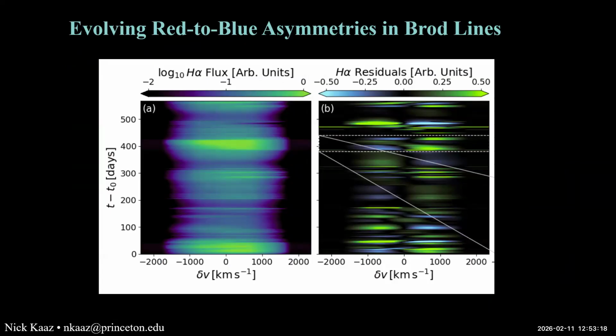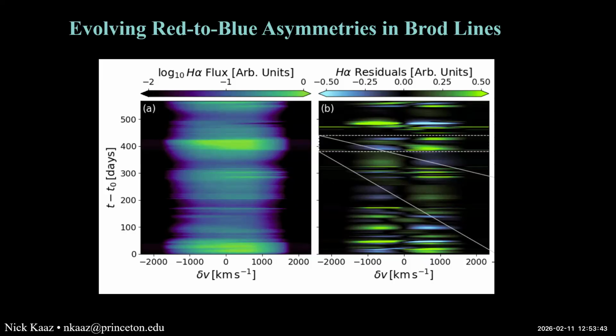So this is kind of a messy plot, but here is the H alpha line flux. I'm looking at it as a function of time here. And this is the frequency offset from the line center in terms of velocity. You can see that there's a lot happening here. The overall strength of the line, this is in log space, is changing pretty dramatically. And there's some asymmetry, but it's hard to really infer exactly what's happening.